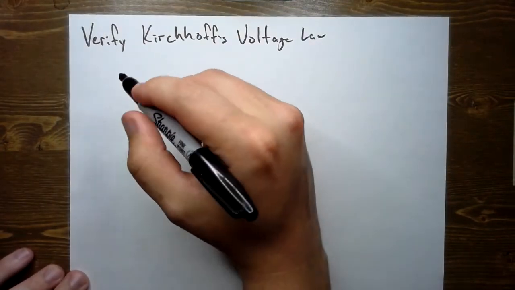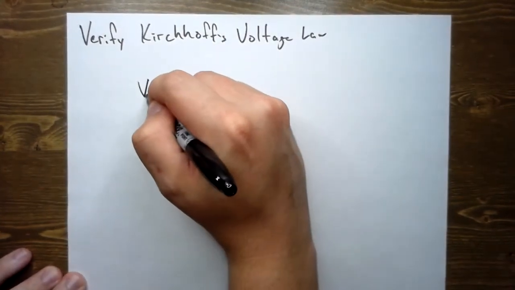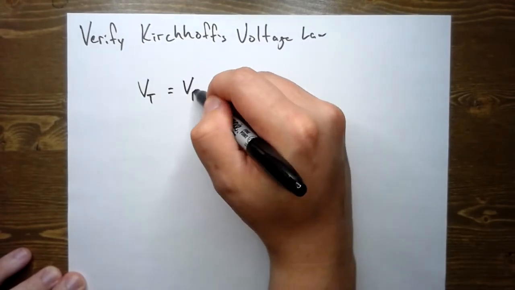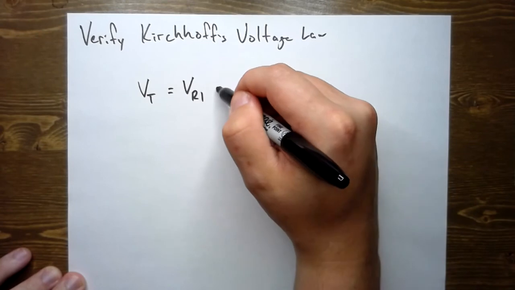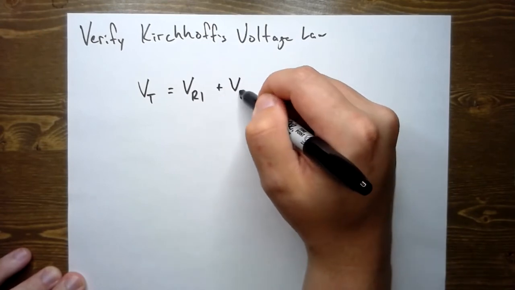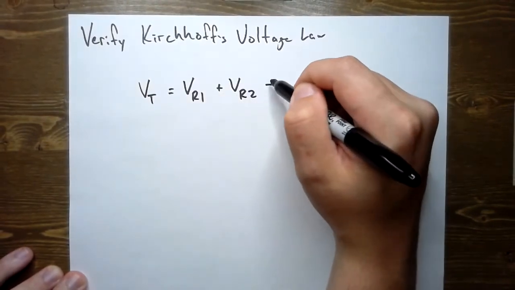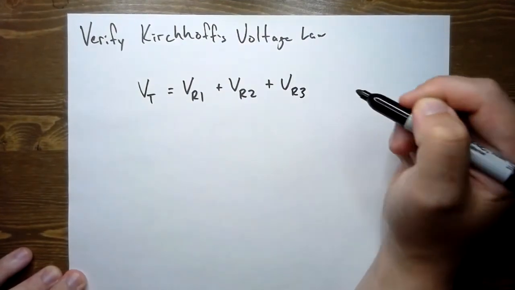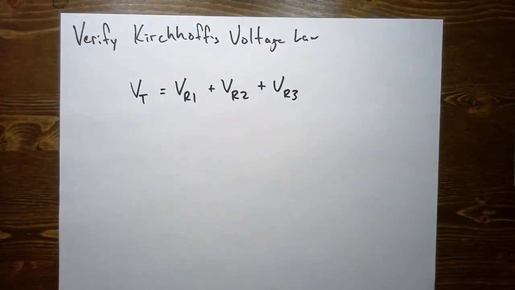We said V total is equal to the voltage across R1 plus the voltage across R2 plus the voltage across R3. So if those two sides of this equation are equal, we have verified that our law works.